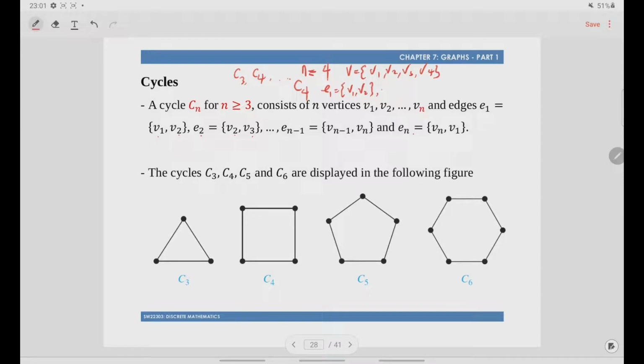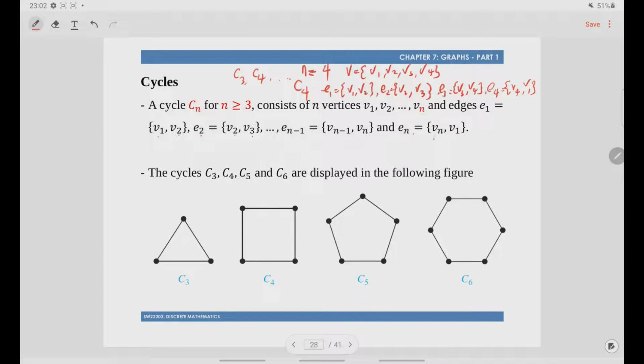Edge E2 has V2, V3. Edge E3 has V3, V4. And the final one, E4, contains V4 and V1.